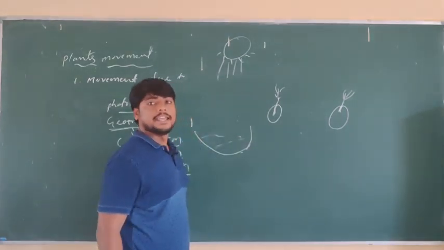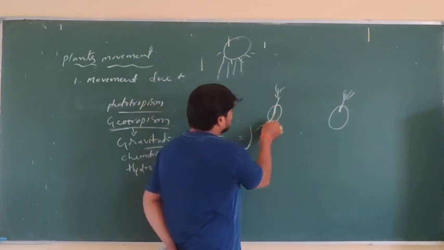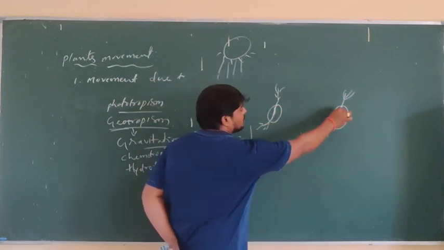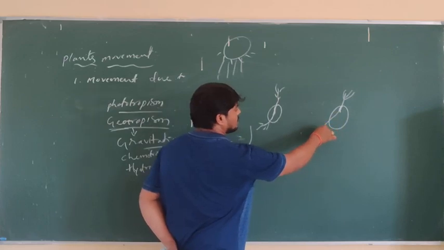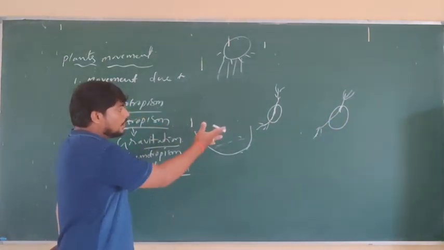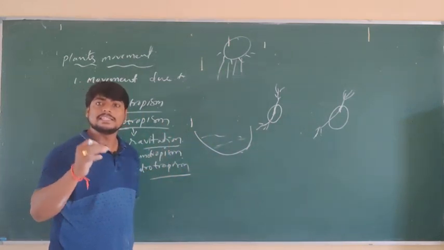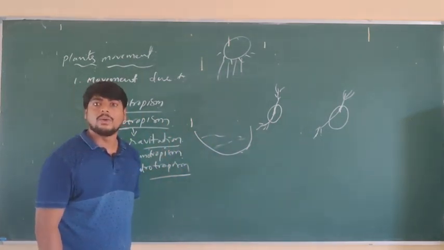Now the roots start growing but bending towards its side. Here also the roots start bending and going towards its side. What is the reason? The movement of roots towards the water. That is, they are growing in search of water.